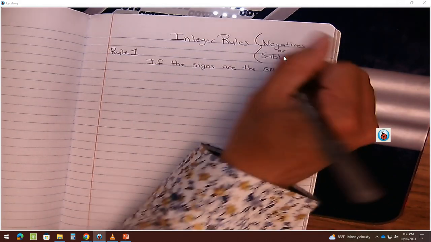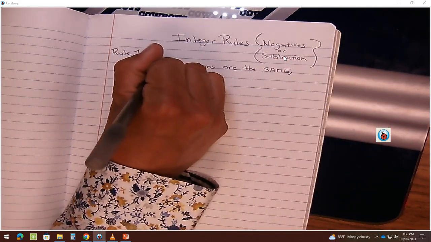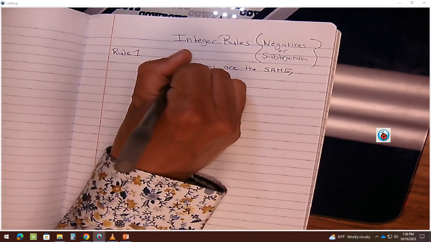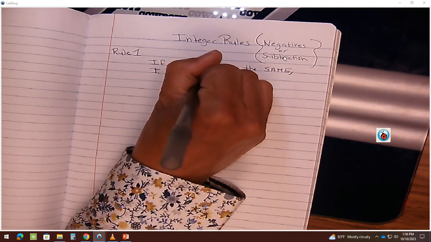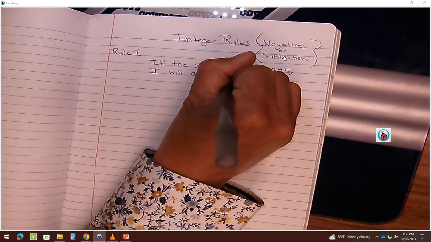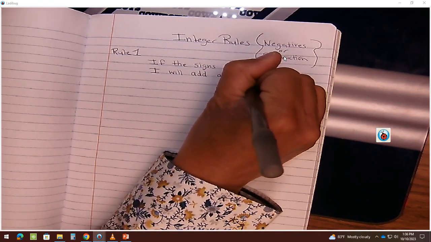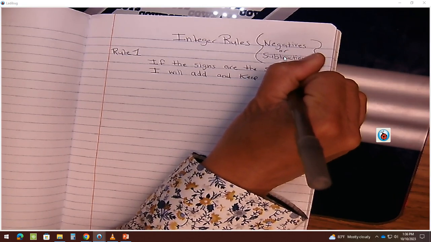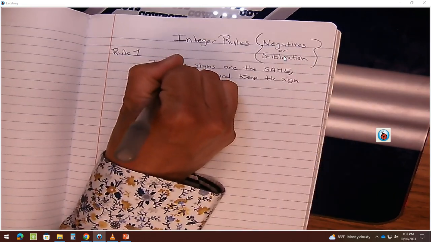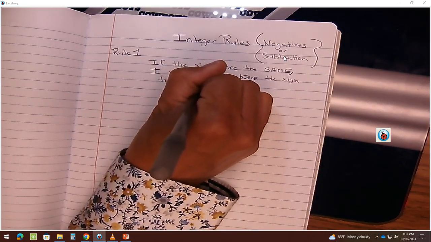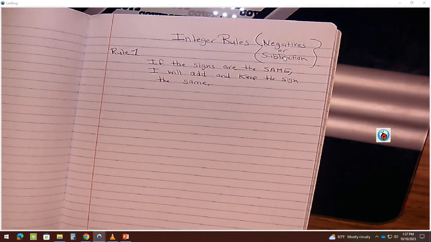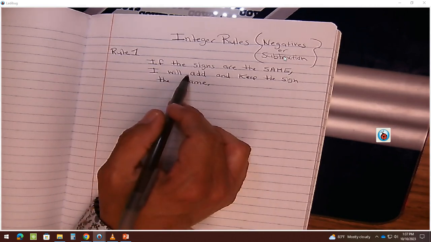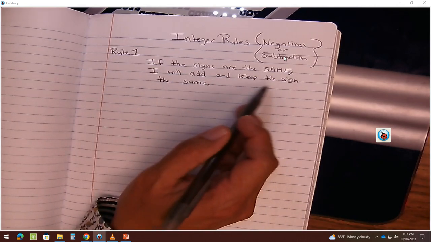If the signs are the same, comma, I will add and keep the sign the same. Questions with that one? Rule one, if the signs are the same, I will add and keep the sign the same.